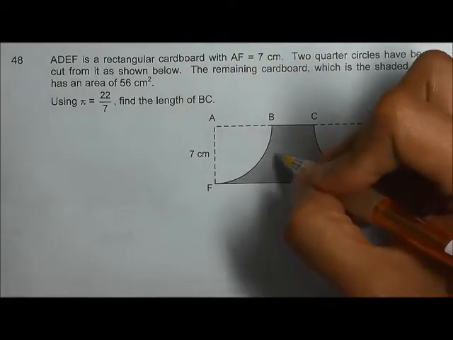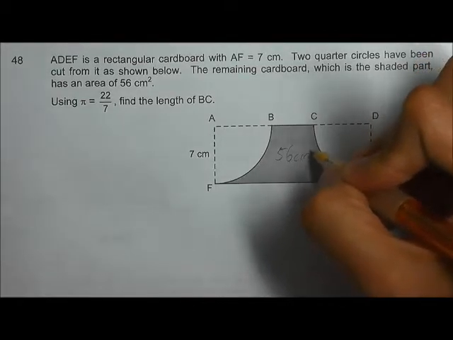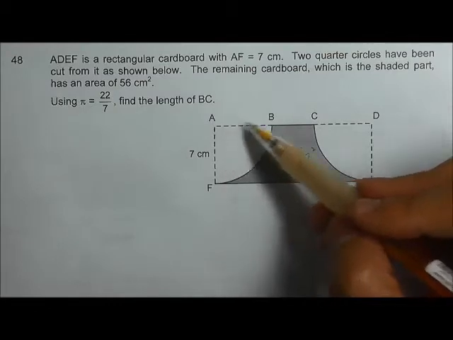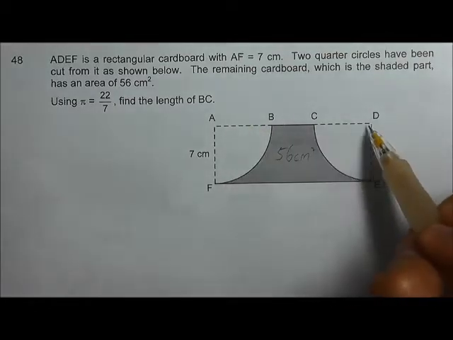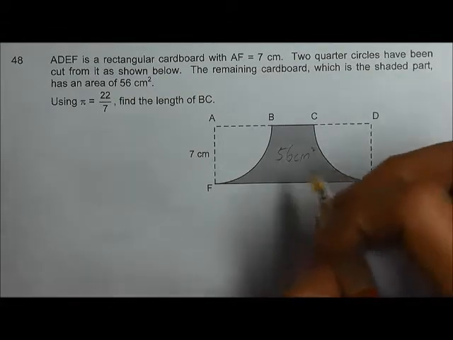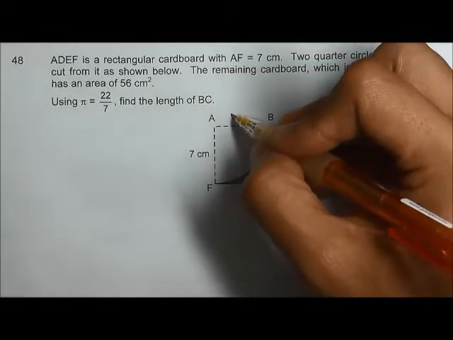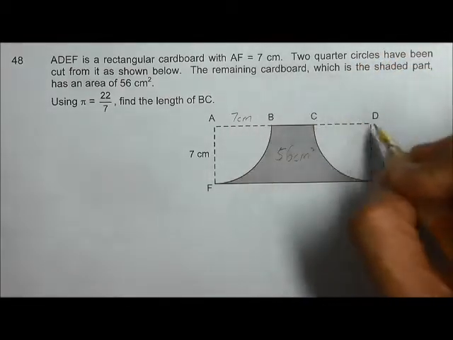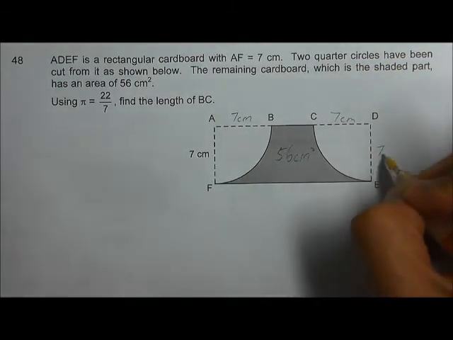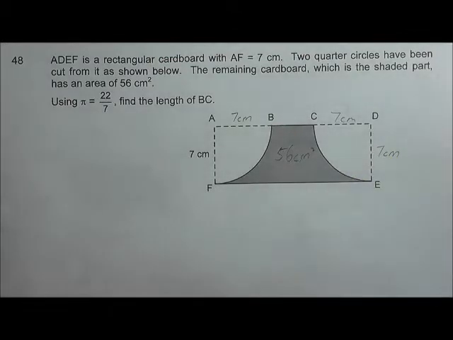So we can label this 56 cm square, and these, A, B, F and C, D, E, are 2 quarter circles, so they are the same. So we can say that AB is 7 cm, CD is 7 cm, and DE is also 7 cm.